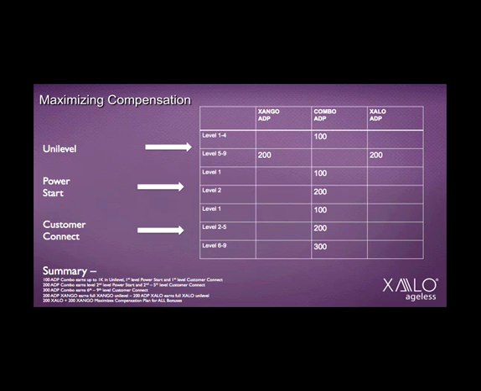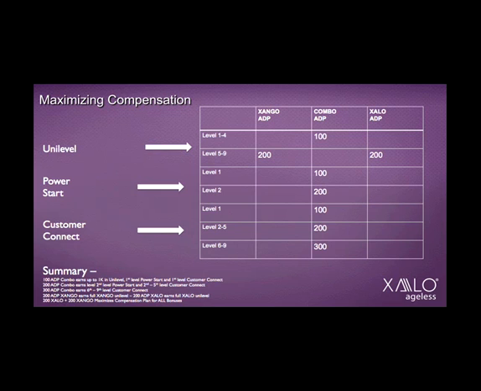But as we're working and building and bringing in people and starting to duplicate, and we want to start earning more levels of pay, then 200. 200 of any product in any division will get me my second level Power Start and my second through fifth level customer orders. If that 200 is XANGO, then it'll also qualify me for all levels and all titles in the XANGO compensation plan.